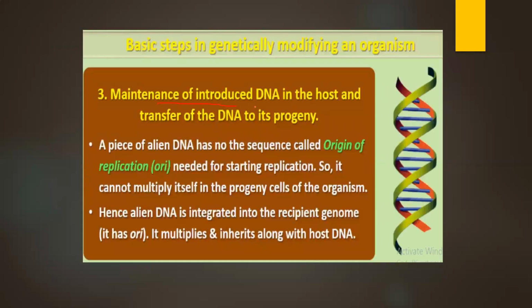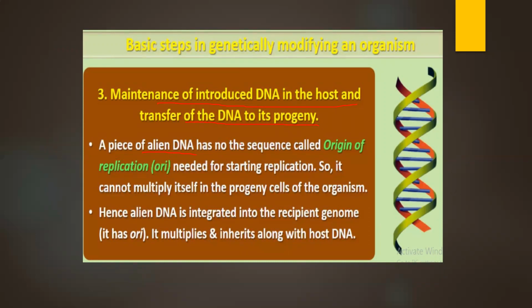Third is maintenance of the introduced DNA in the host and transfer of the DNA into its progeny. Now this piece of alien DNA has to multiply. So we put this piece of alien DNA near ori. You have studied what ori is in chapter 6.